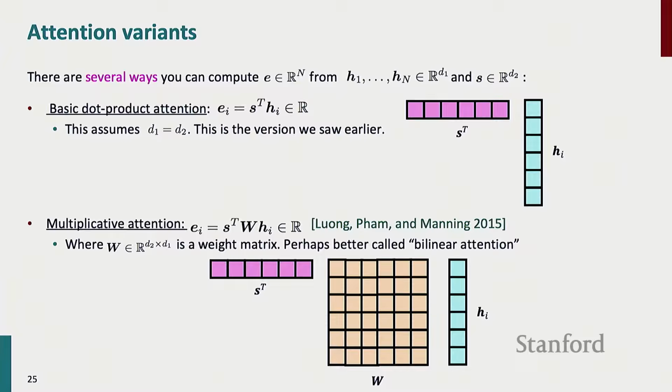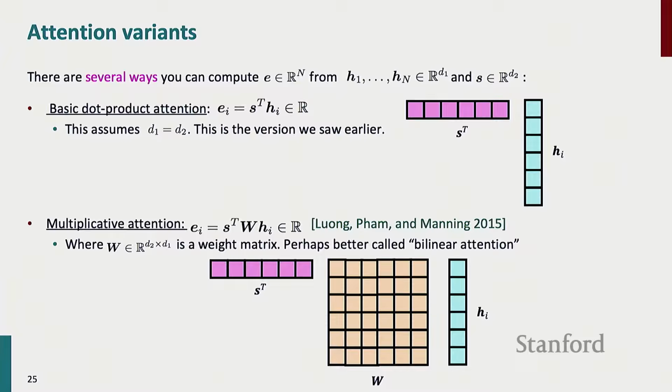And so effectively, this matrix can learn which parts of the generator hidden state you should be looking at to find where in the hidden states of the encoder. In particular, it no longer requires that things have to match up dimension by dimension.